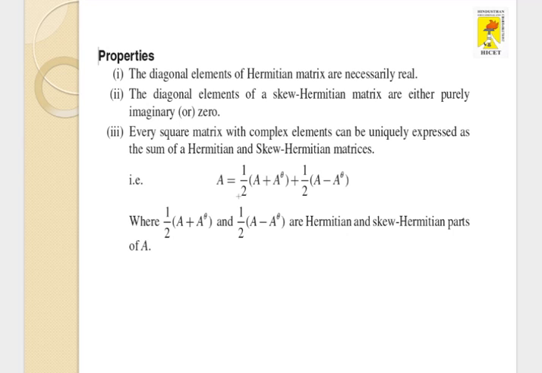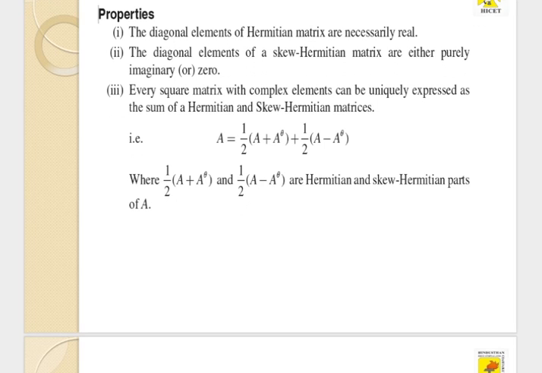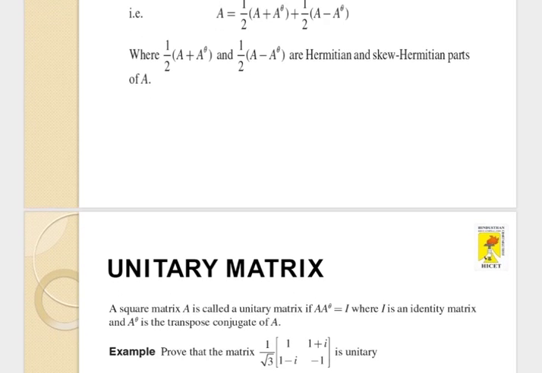That is, A equal to half of (A plus A power theta) plus half of (A minus A power theta). Here, half of (A plus A power theta) and half of (A minus A power theta) are the Hermitian and skew Hermitian parts of A. This is a very important property. Depending upon that, there are problems.